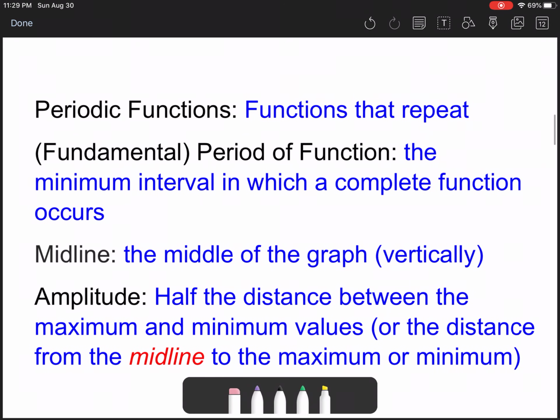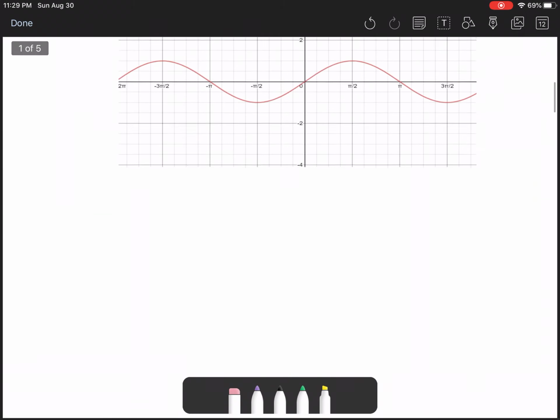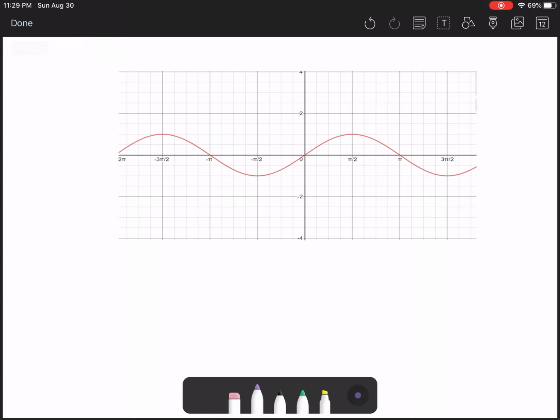One period of the function, we call this sometimes the fundamental period of the function, is the minimum interval in which a complete function occurs. So think about that. For sine, okay, let's go back and look at this graph right here. For sine, we go from 0, and this kind of went off a little bit, but over here to 2 pi, and that is a complete curve.